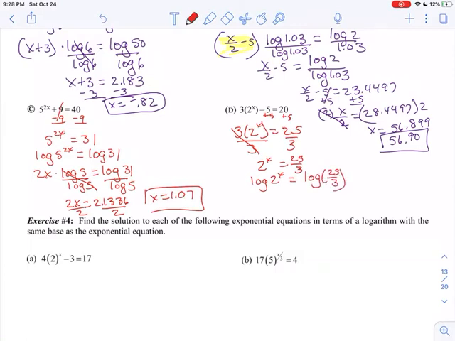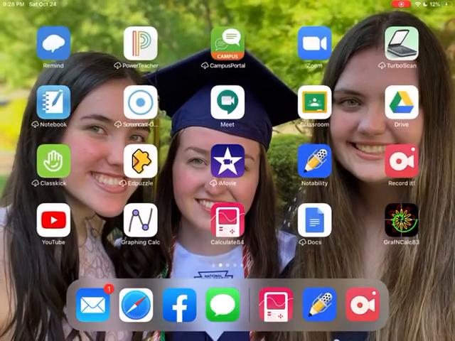2 to the x equals 25 over 3. Looks yucky, but who cares? Just take the log of both sides. Log of 2 to the x equals log of 25 over 3. The x comes out in front. You're going to do this in the calculator, so it doesn't matter that it's a fraction.